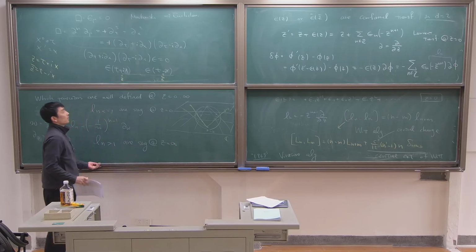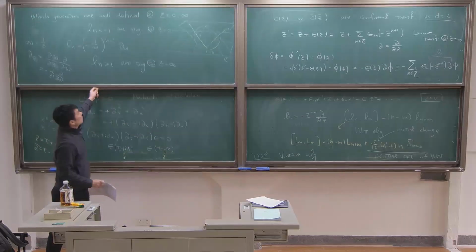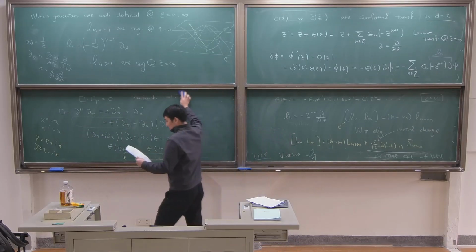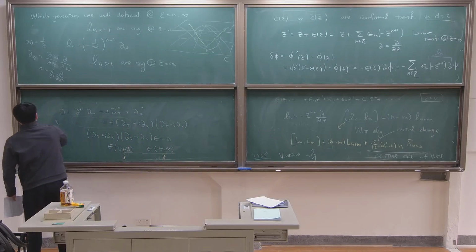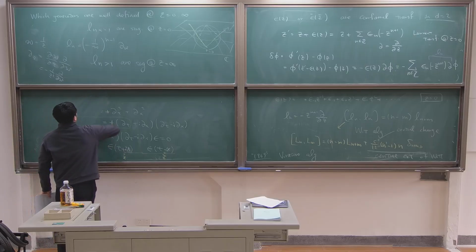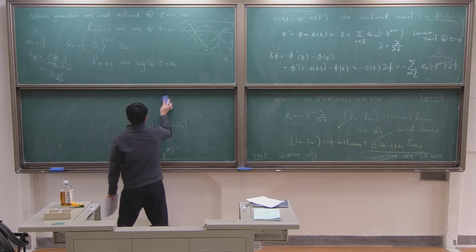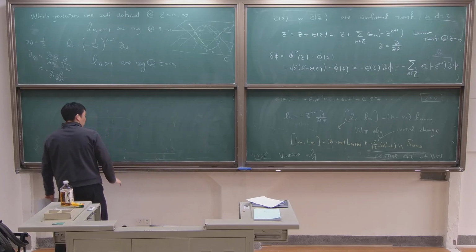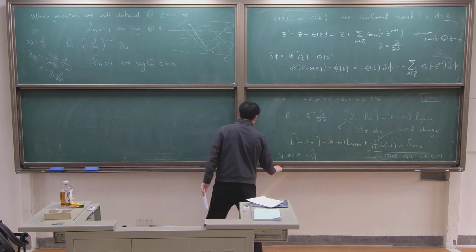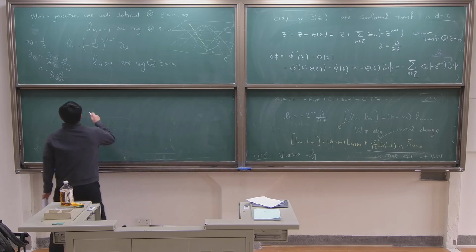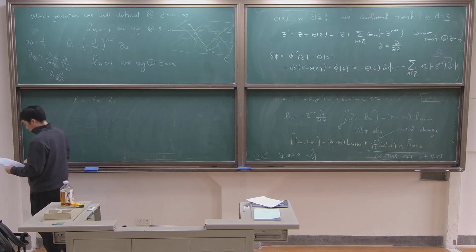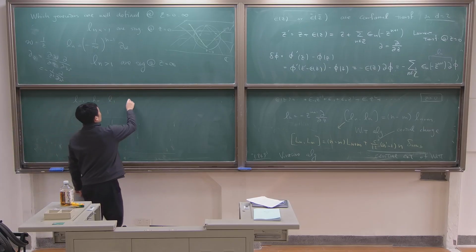Therefore, the only generators which are globally defined on the Riemann sphere are L_-1, L_0, and L_1. Those are well defined.